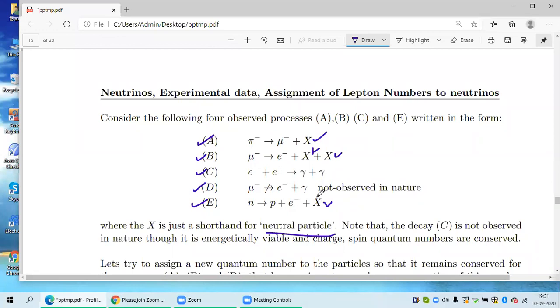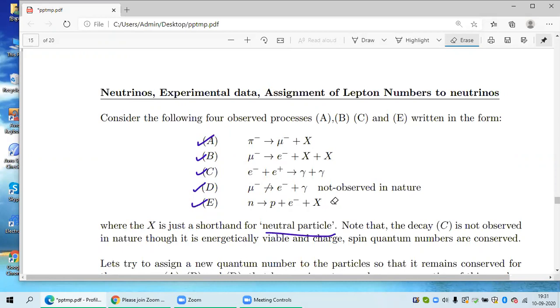If this assumption gets hurt by some experimental result, then we will change it and consider one more: this X is not a single particle, X can be a set of two particles, so any one of them can sit in these positions. So this is our approach, the most conservative approach.